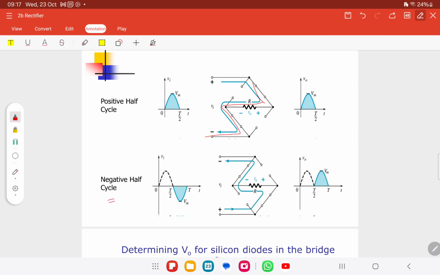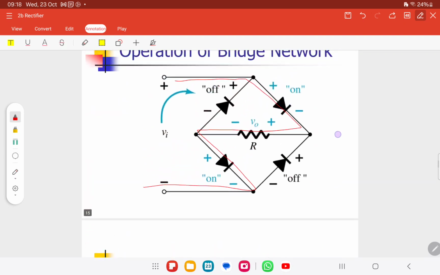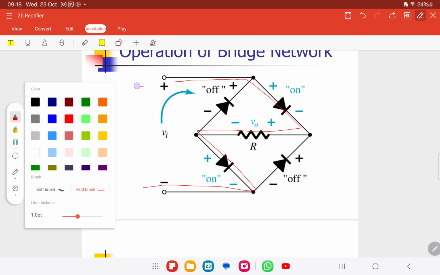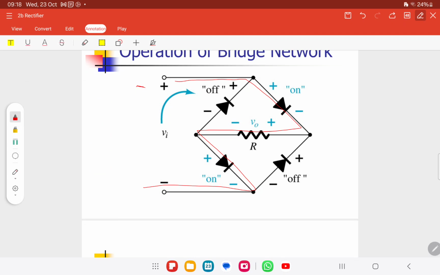For negative cycle, kita tukar polarity of the voltage source. Jadi macam ni. Kan, bila kita tukar the polarity, negative and positive, dia akan pergi sini. Nak lalu mana ni? Lalu ni.